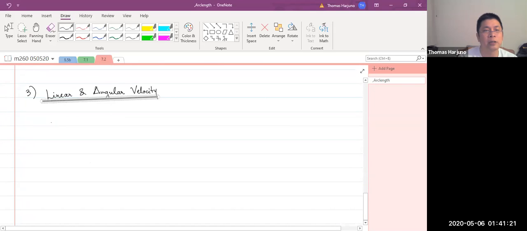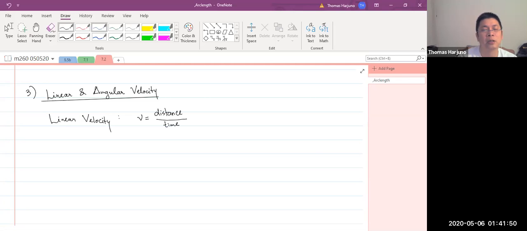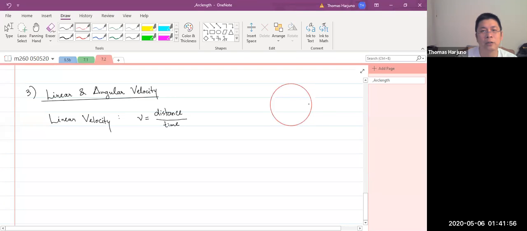Now, linear velocity is the same as the speed or the velocity, the definition of velocity we had before. The linear velocity is denoted by v for velocity. That equals the distance traveled over time. However, the distance that we talk about here refers to the distance traveled on a circle. So the S here refers to the distance traveled on the circle.